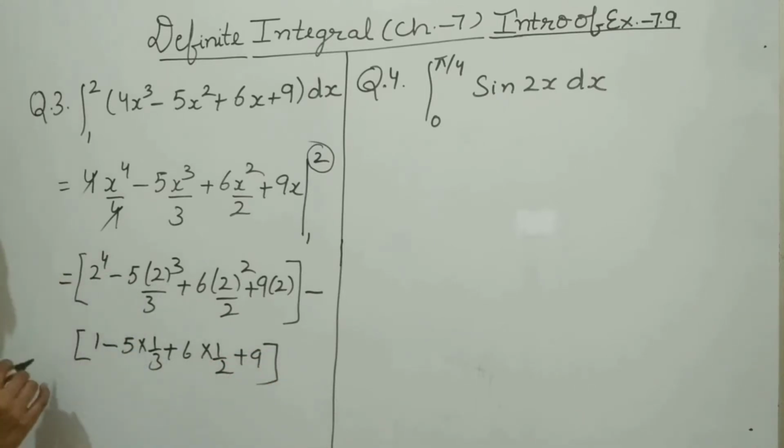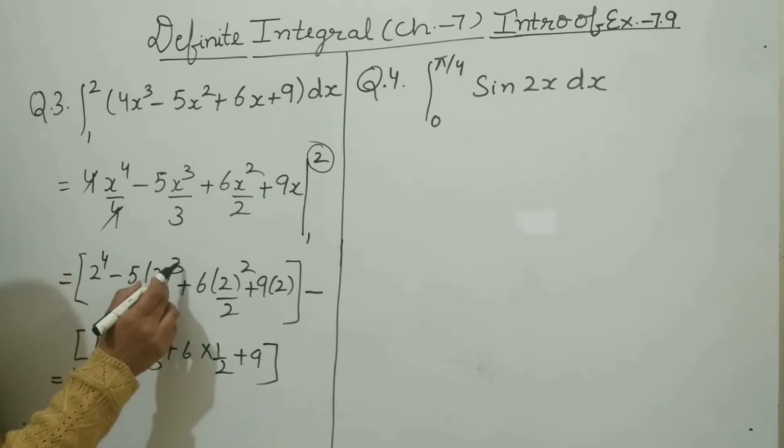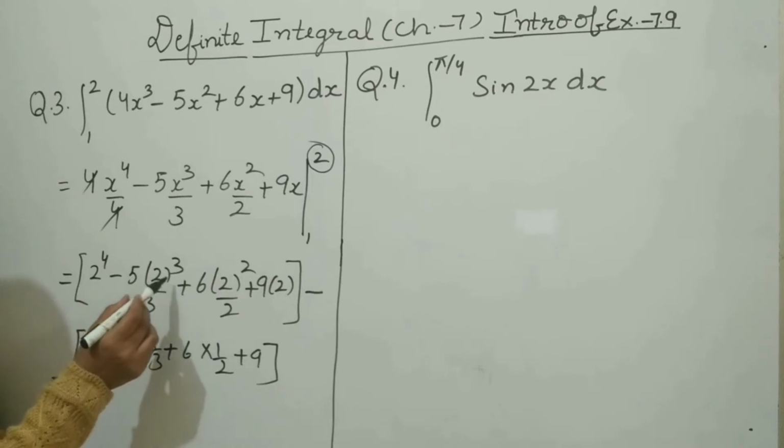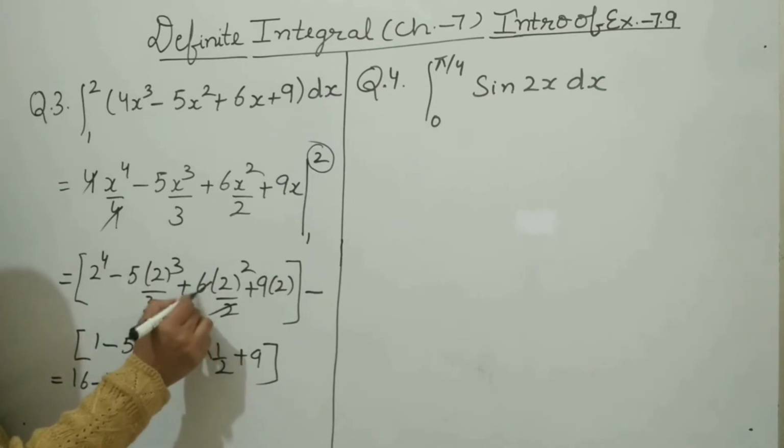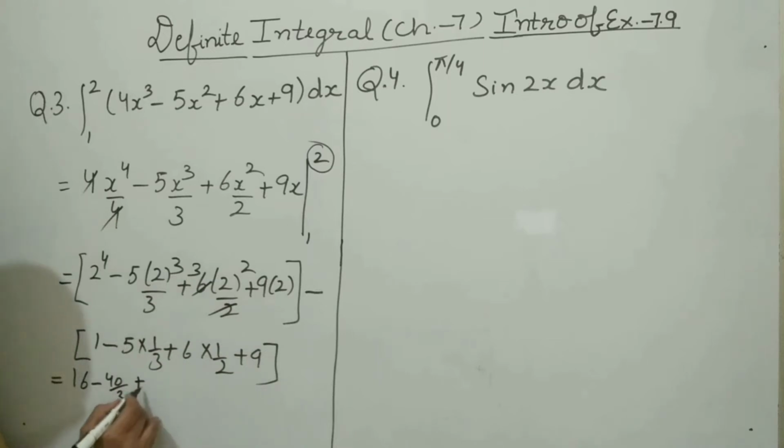Now solve it for answer. 2 to the power 4 comes out to be 16, minus 2 to the power 3 is 8, 5 into 8 is 40 by 3. Then 2 square is 4, 6 into 4 by 2 is 12, plus 18.